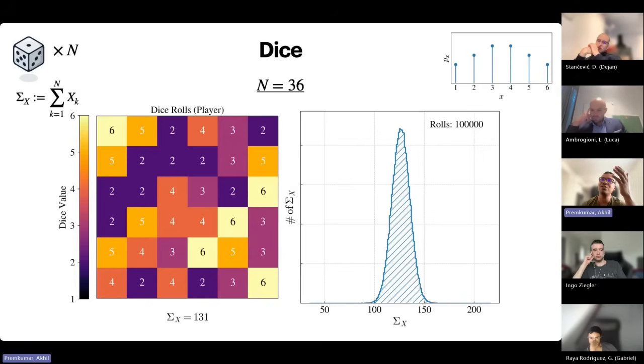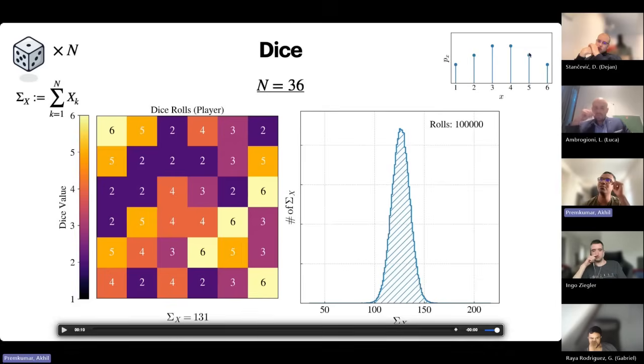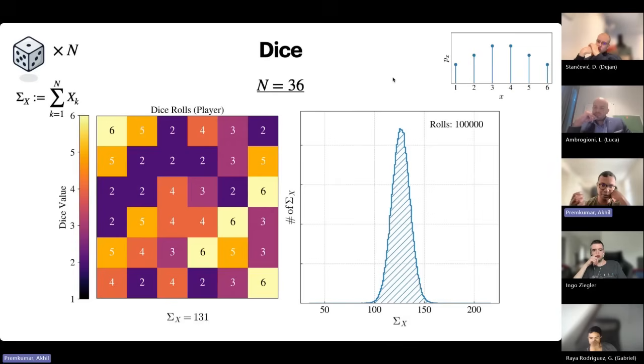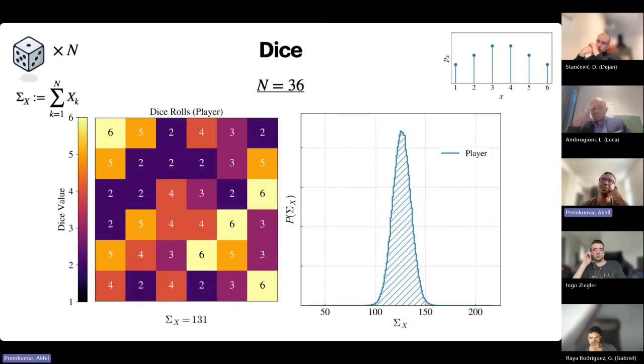And this simulation was done with the true die distribution. So I used the blue curve here to represent the true distribution that we know. Now, if the dealer had done exactly the same simulation, they would find the following distribution. You see that he assigned some probabilities to some states which we don't, right?